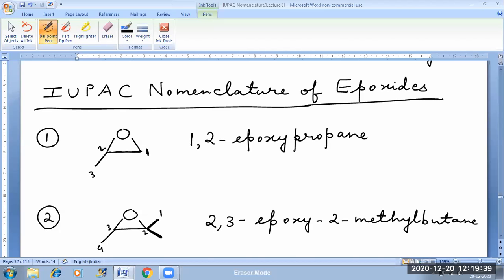Propane will be the suffix because the longest chain is of 3 carbon atoms. 1,2-epoxy propane. Now 1 and 2 are the positions of the carbon atoms to which the oxygen atom is directly bonded.